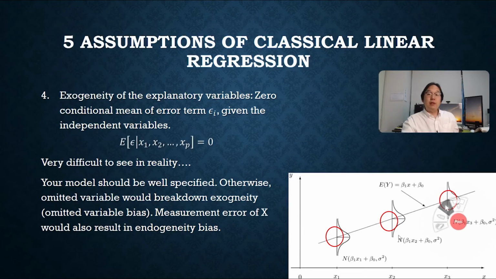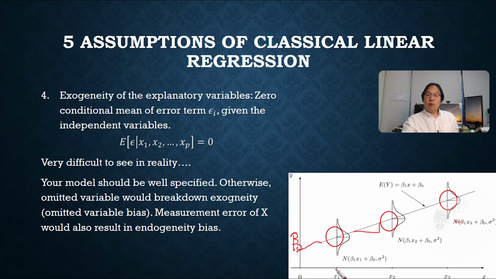The regression line, y equals beta 1 times x plus beta 0, tells me the coefficient beta 1 is a slope, and beta 0 is the intercept.